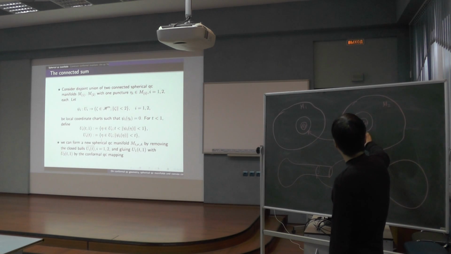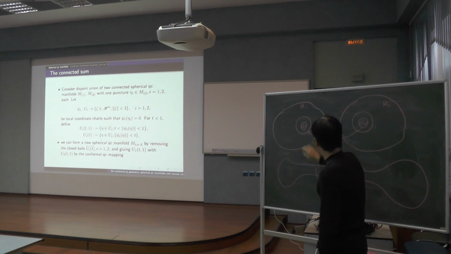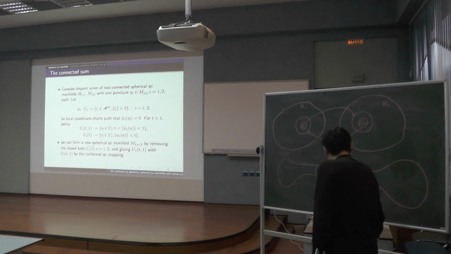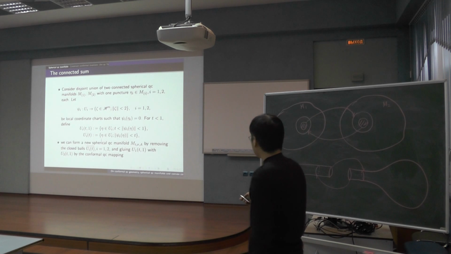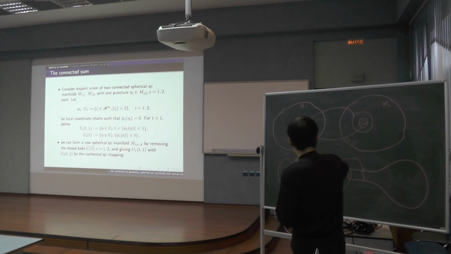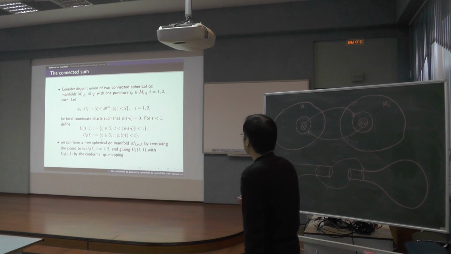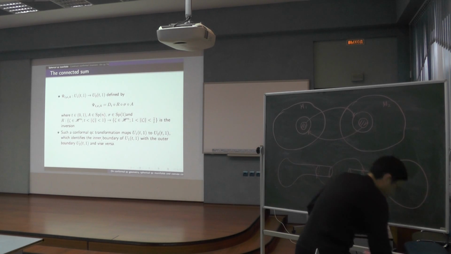The problem is we should identify the inner boundary to the outer boundary. So we glue U_1 minus a ball to U_2 minus a ball, these two annuli, by the following method.